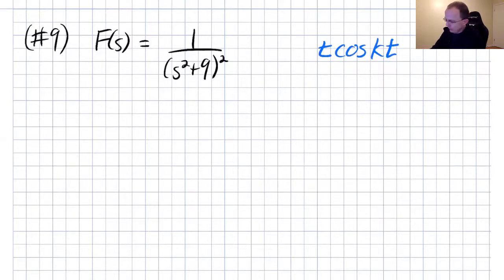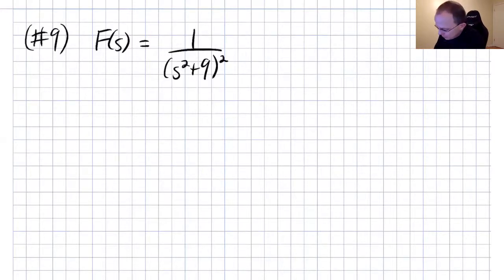So that's why these types of Laplace transforms are important. So if you do end up seeing something like this in the solution of a differential equation for mechanical vibrations, that's an indication that you have some resonance occurring.